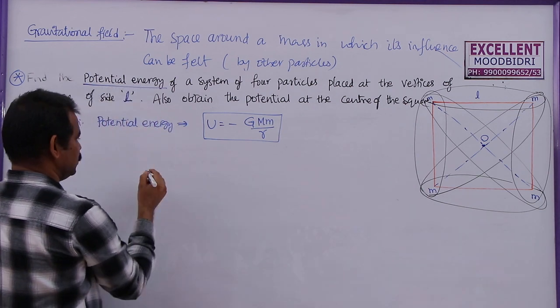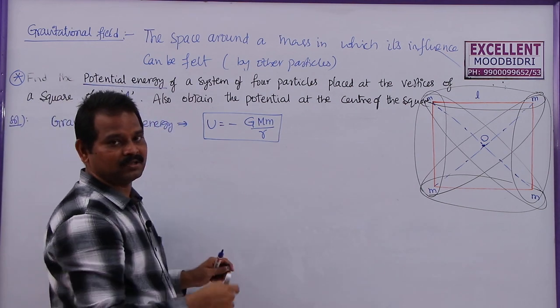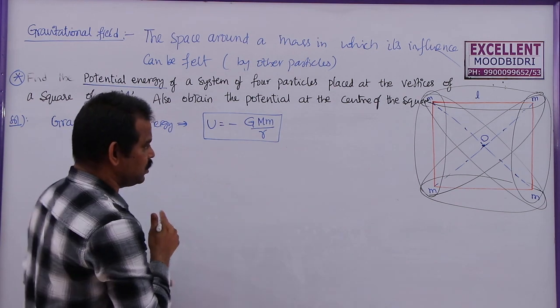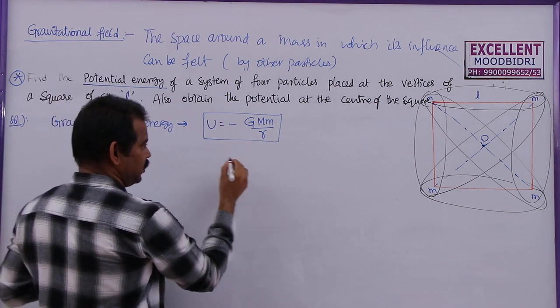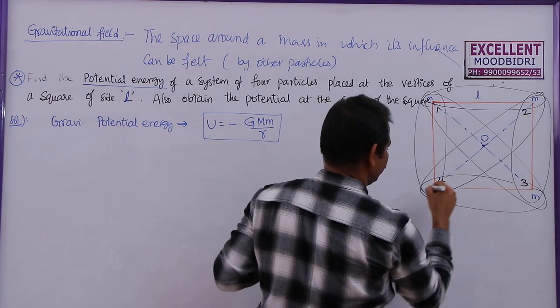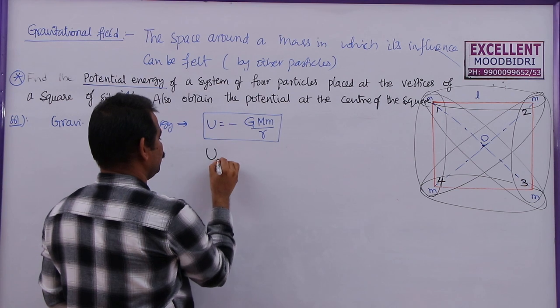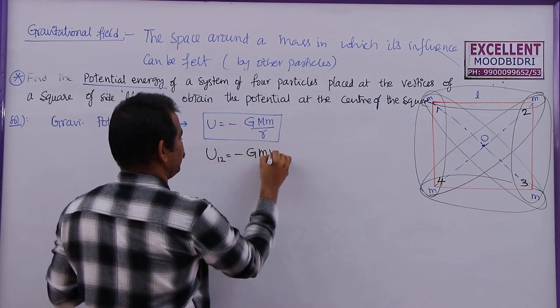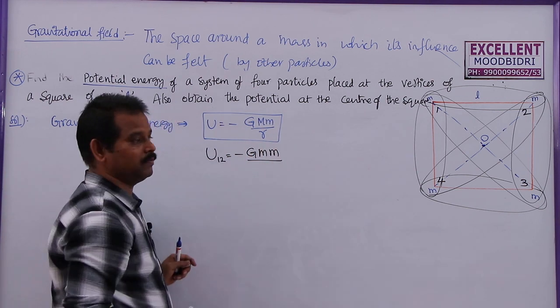Now from this, how many pairs of masses are there? Even though four masses are present, 6 pairs are present here. Now let me take this particle as 1, 2, 3, 4. So what is U, the potential energy between 1 and 2? Minus capital G, m into m, because both have the same masses.